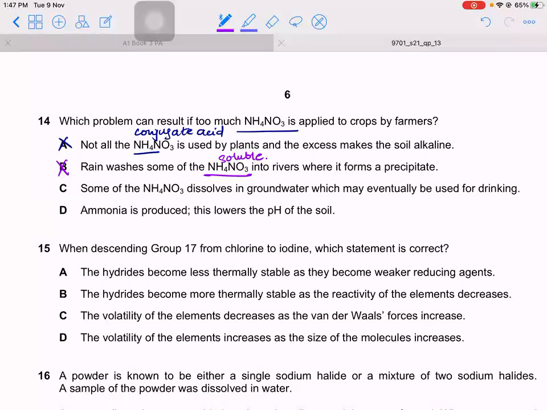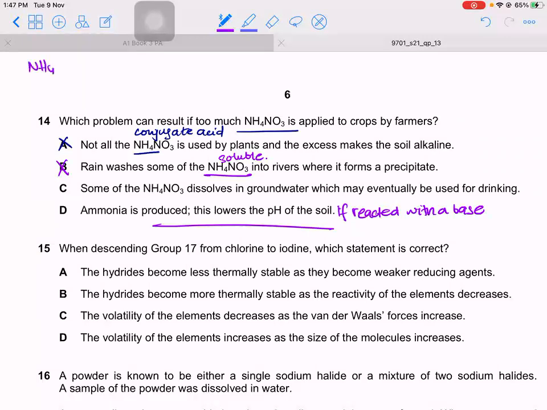Ammonia is produced, and this lowers the pH of the soil. So if ammonium nitrate remains in the soil, can ammonia be produced? Not unless you react it with a base. Only if reacted with a base will it produce ammonia. Clear?